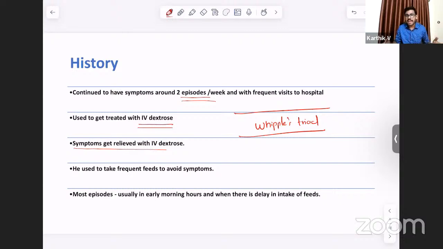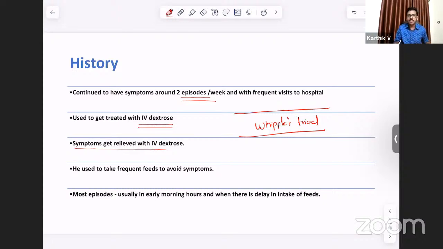Many other conditions can mimic the hypoglycemic disorder. They may have some effect from administration of glucose, but not complete reversal. So if such dramatic relief is not obtained with administration of glucose, you should think slightly away from hypoglycemic disorder. That is another practical point. Okay, right.